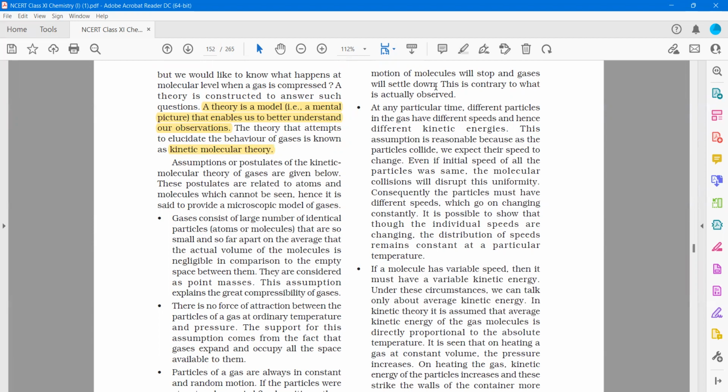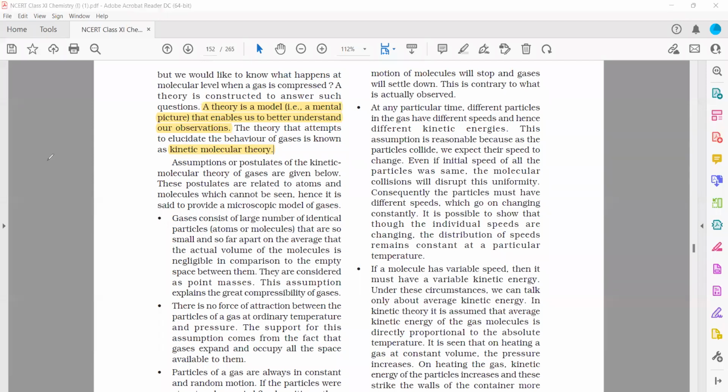So let me draw one thing. Suppose we have a container. We are talking about gas in this container, and we have gaseous molecules.